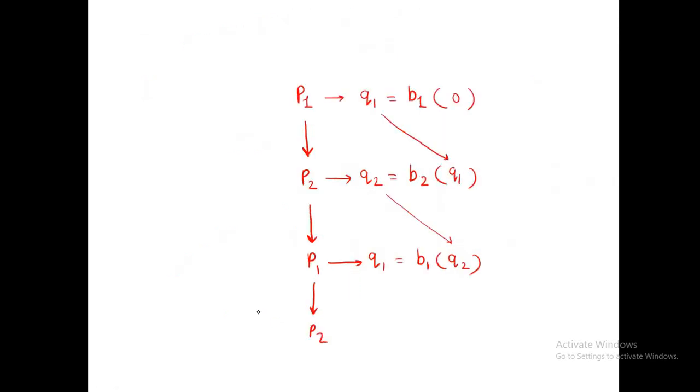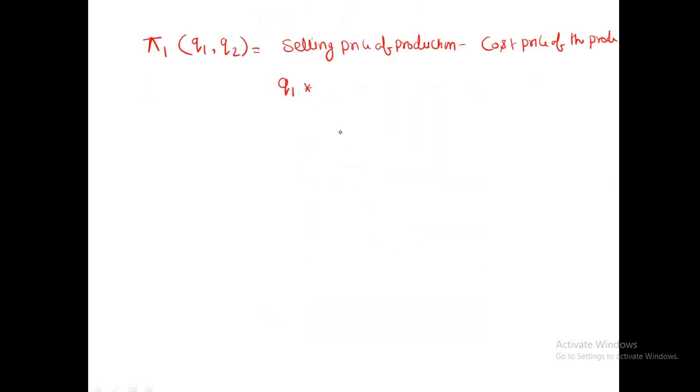Okay, and we will put this value here. Q1 is the production and the price of 1 unit. Price of 1 unit minus the cost price of the production, which is the production multiplied by the cost of 1 unit. So what is the price of 1 unit here?